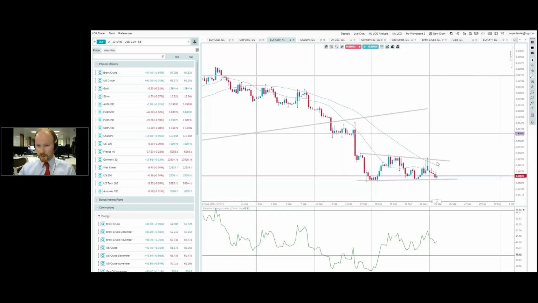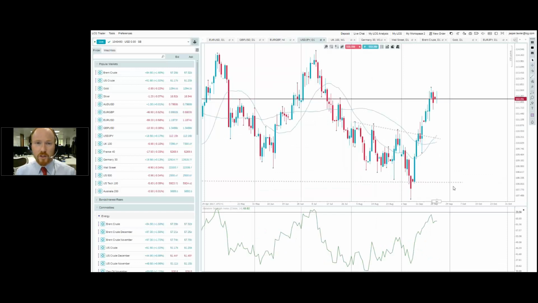We could drop through this line with a false break, or pop up through this line with a false break, but I think at the moment this consolidation is quite well defined. If you think we've put in a low, then we're right on this trend line support. If we drop through the trend line, you've got a well-defined risk. To me, it looks more like a consolidation pattern before a move lower than a reversal at the moment.